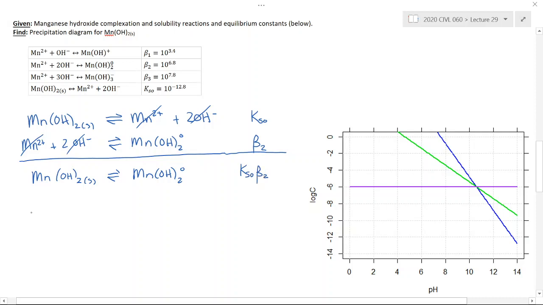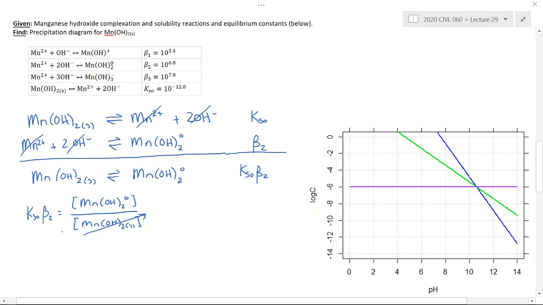So I can get the mass action equation or equilibrium equation. That's KSO times beta 2 is equal to manganese hydroxide complex over manganese hydroxide solid. By convention, the solid goes away and I'm left with the complex.